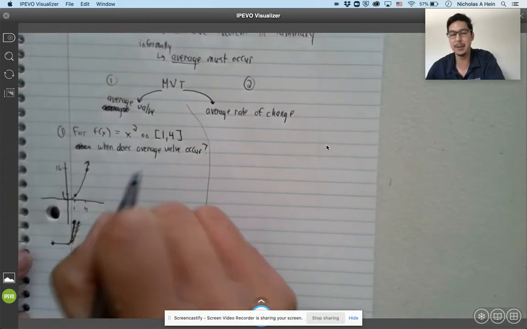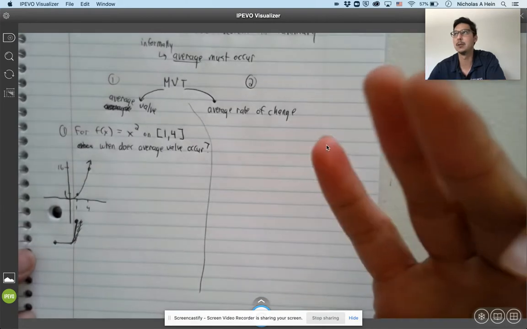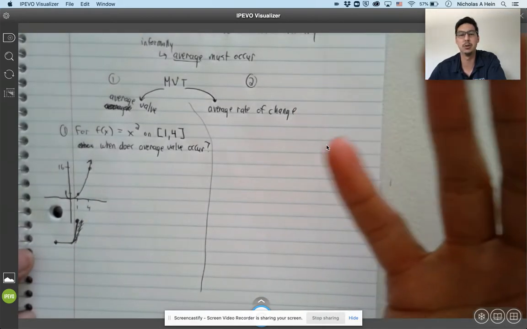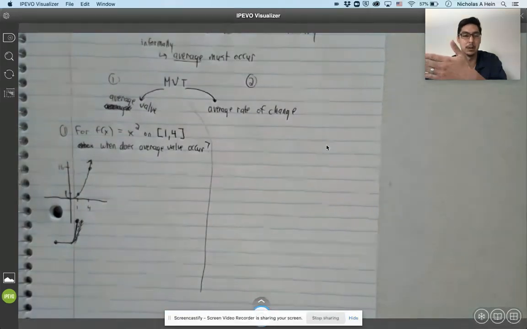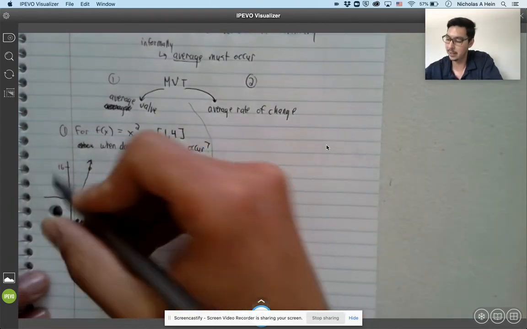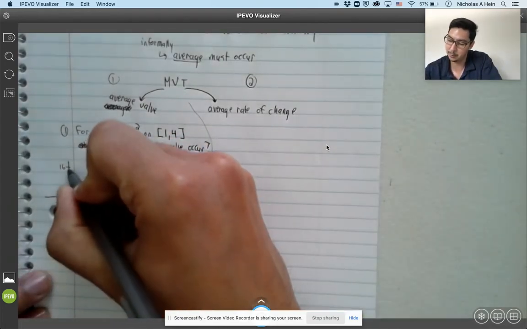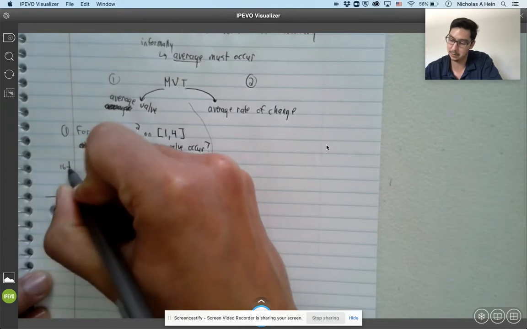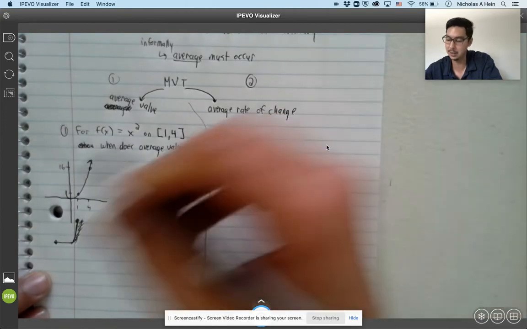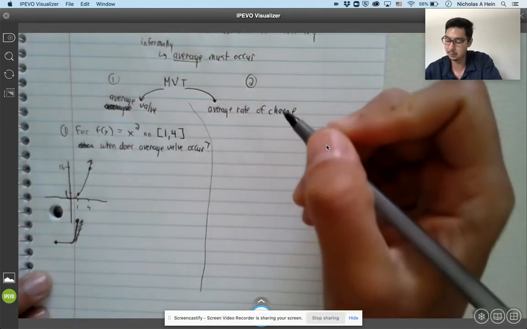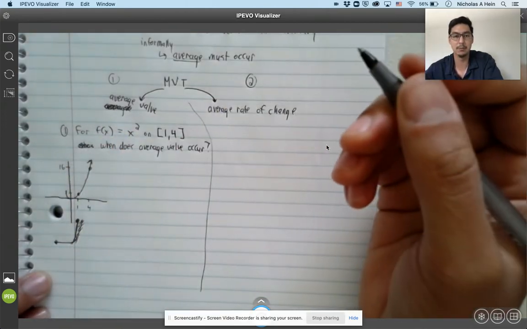So for average value, think about how you find an average. If someone says find the average of these two numbers, you always add them up and divide by how many there are. If we're talking about average value, we want to add up every single value. How do you add up all the y values from 1 to 16? We integrate.